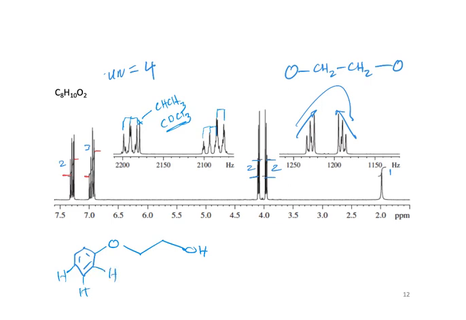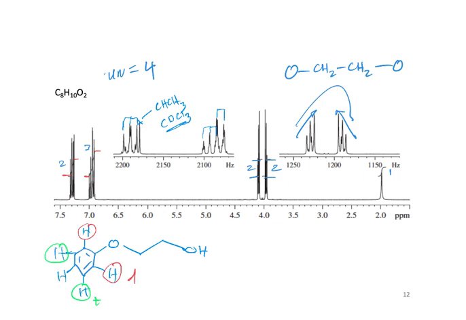In a monosubstituted benzene ring, these two will be equivalent, and they're going to be primarily doublets, though it could have some meta coupling as well. These two are equivalent, and they're going to look more like triplets. Though, in this case, we're going to have some magnetic non-equivalence as well.